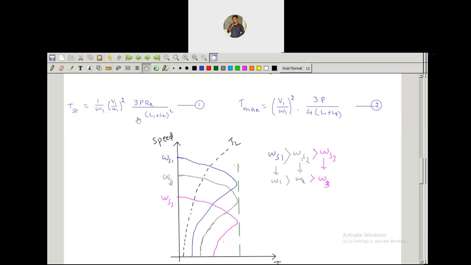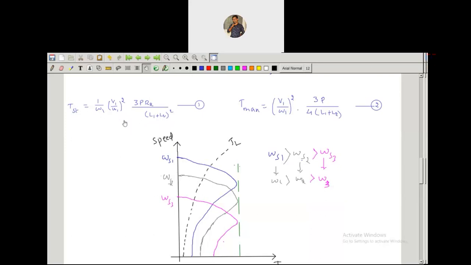For that consideration we got this torque equation. But at low frequencies the effect of resistance cannot be neglected compared to the reactances. Why? Because at low frequency the reactance is also low, since X is proportional to frequency only. So it cannot be neglected at low frequencies.